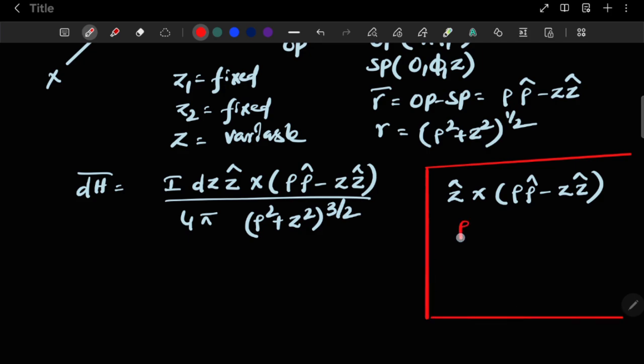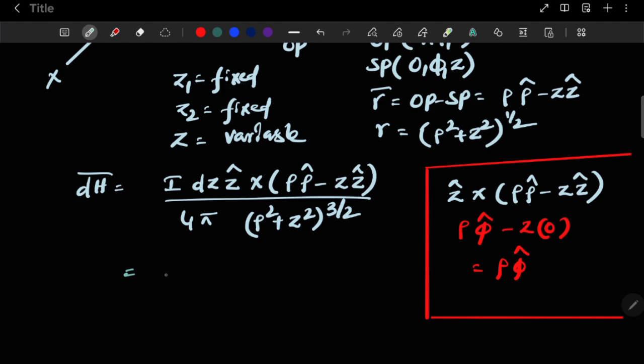We know that rho is a constant, z cap cross rho cap is the phi cap, and next one is minus z into z cap cross z cap, which is 0. That means the resultant will be in the phi direction. So the magnetic field intensity will have the phi direction. That is what we are able to understand here.